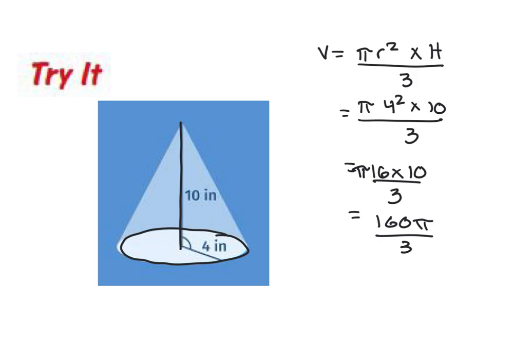And 160 divided by 3 is 53.3, repeating, pi inches cubed. Times that by 3.14, and we have 167.46 inches cubed.